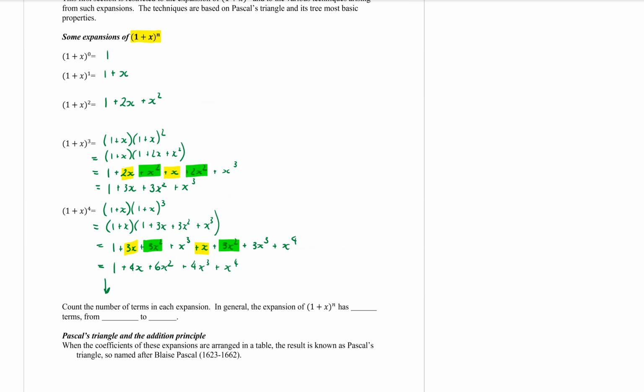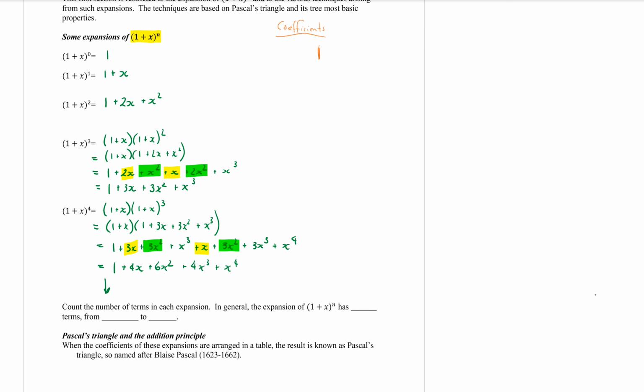If we look at the coefficients of each of those expansions, the first expansion that we did, we just had a 1. Okay, in the second one, I had 1 + x, so the coefficient of that x is also a 1.